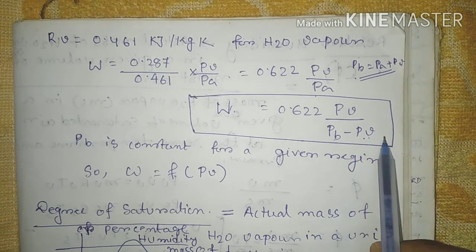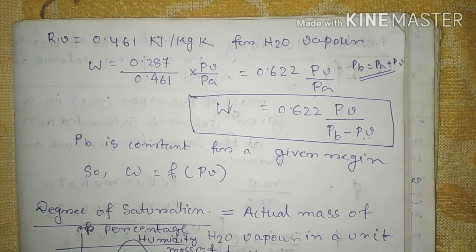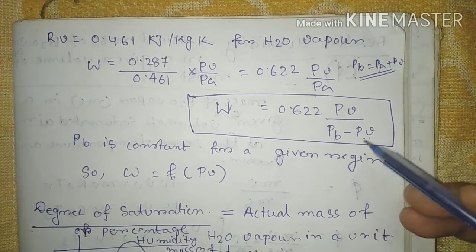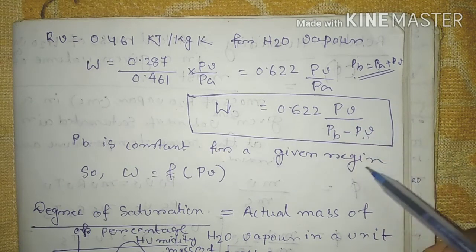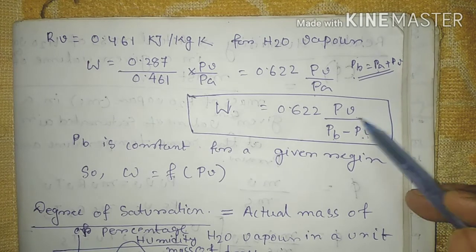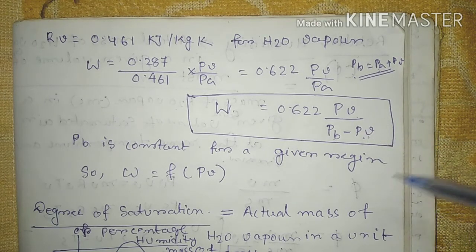Now if you go up and down corresponding to your height, you can see that PB is constant in all these conditions, but PV changes from time to time.